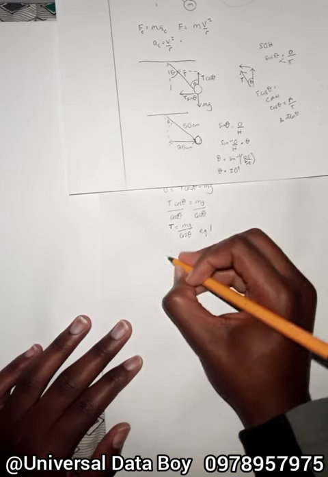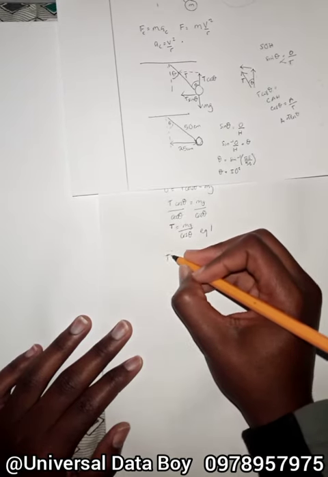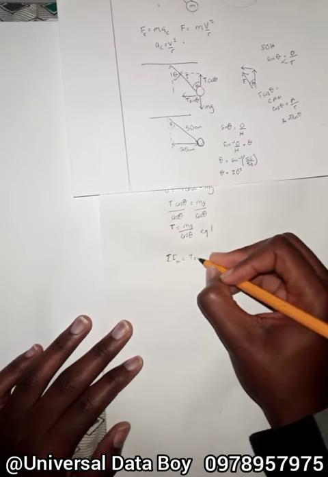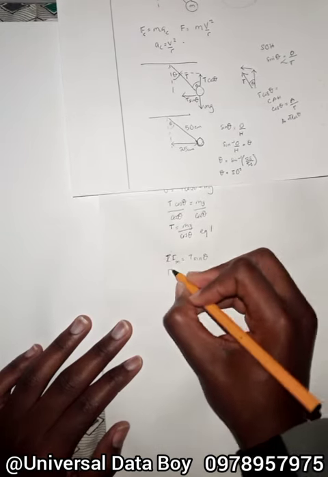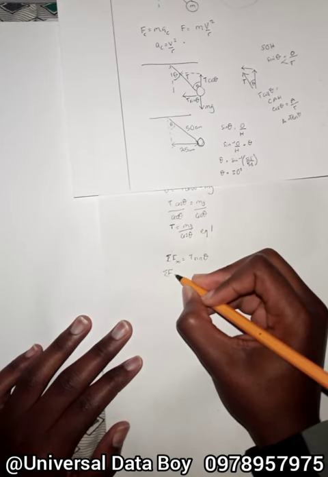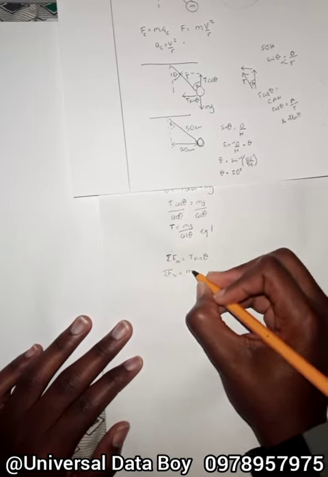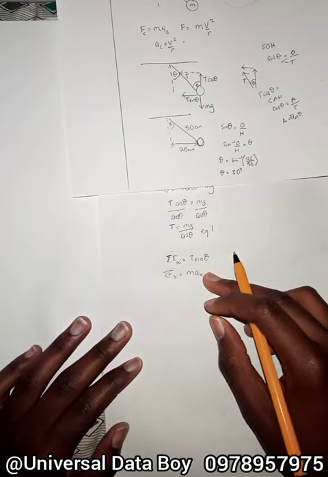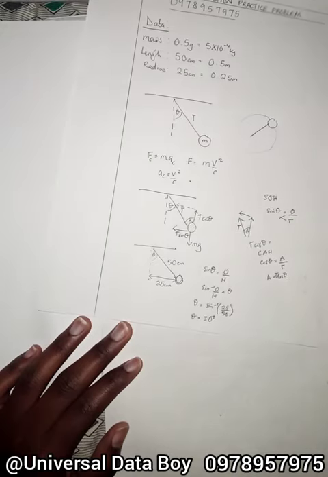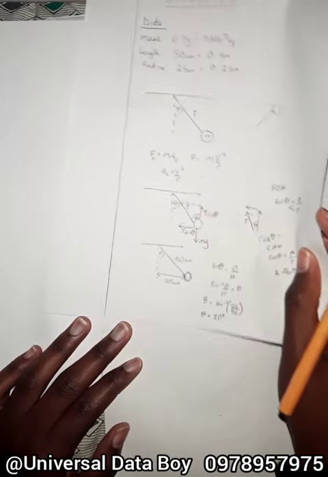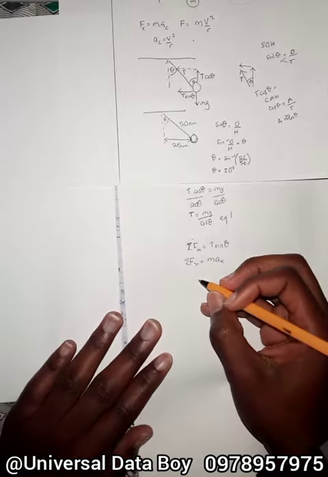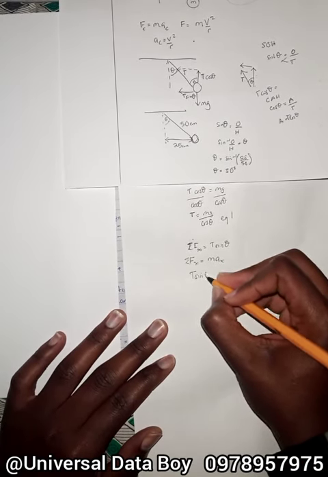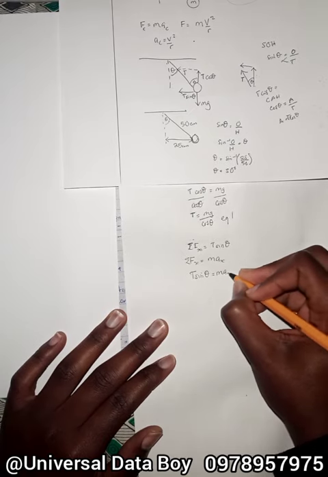So now you can say the summation of forces in the x is equal to T sine of theta, and the summation of forces in the x is equal to m a in the x. But the acceleration in the x is the centripetal acceleration. Since this is equal to that, we have T sine of theta equal to m a x.